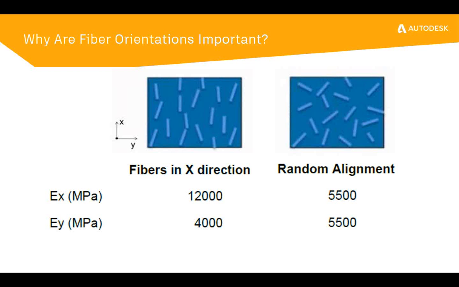So you can imagine there's a continuous spectrum where these stiffnesses vary depending on the alignment of the fiber and which direction we're loading relative to the fiber orientations. Now, this becomes very important to use in our structural analysis because if we assume isotropic material properties, we can be either over or under predicting the stiffness of our part because we're not accounting for the influence of the fiber orientations.